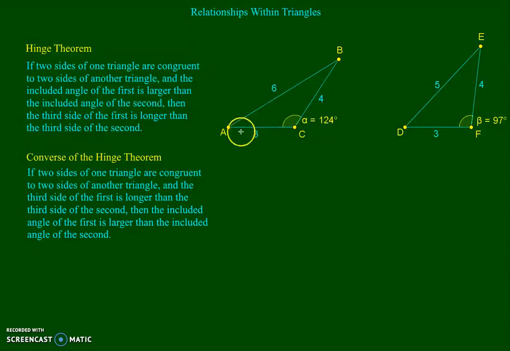So again, two sides congruent to two sides, larger side, larger angle, smaller side, smaller angle, and vice versa, larger angle, larger side, smaller angle, smaller side. So let's see how this works in examples.